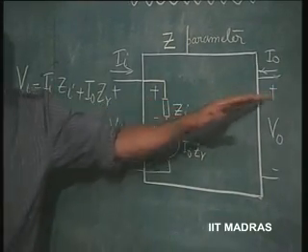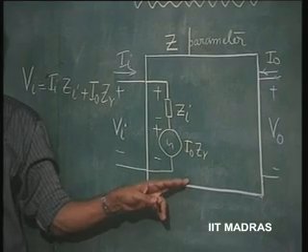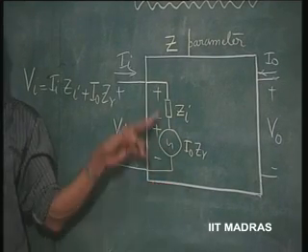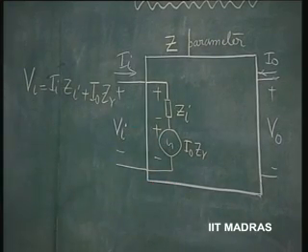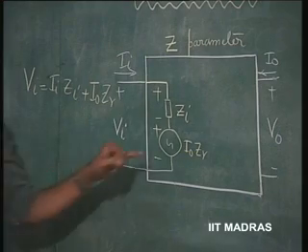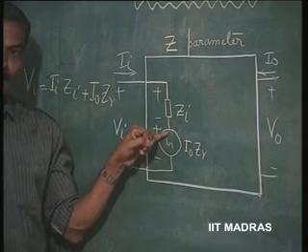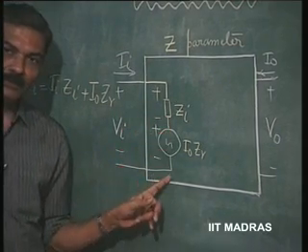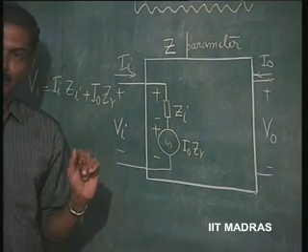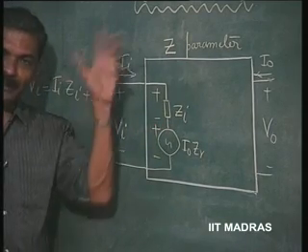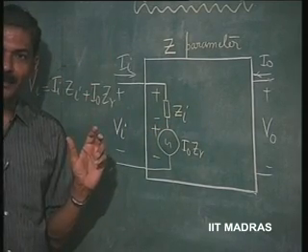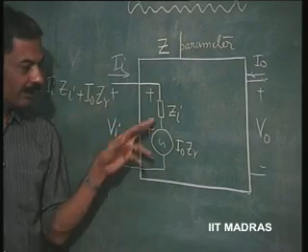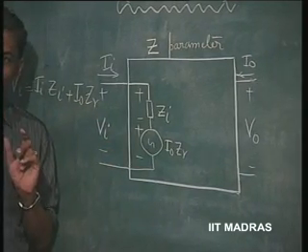This is the reverse transfer parameter. If this is absent, if it is unilateral, there is no voltage source, only this will be there. Now, you can recollect how we discussed amplifier circuits where the amplifier was unilateral, there was no such source at all in those circuits.